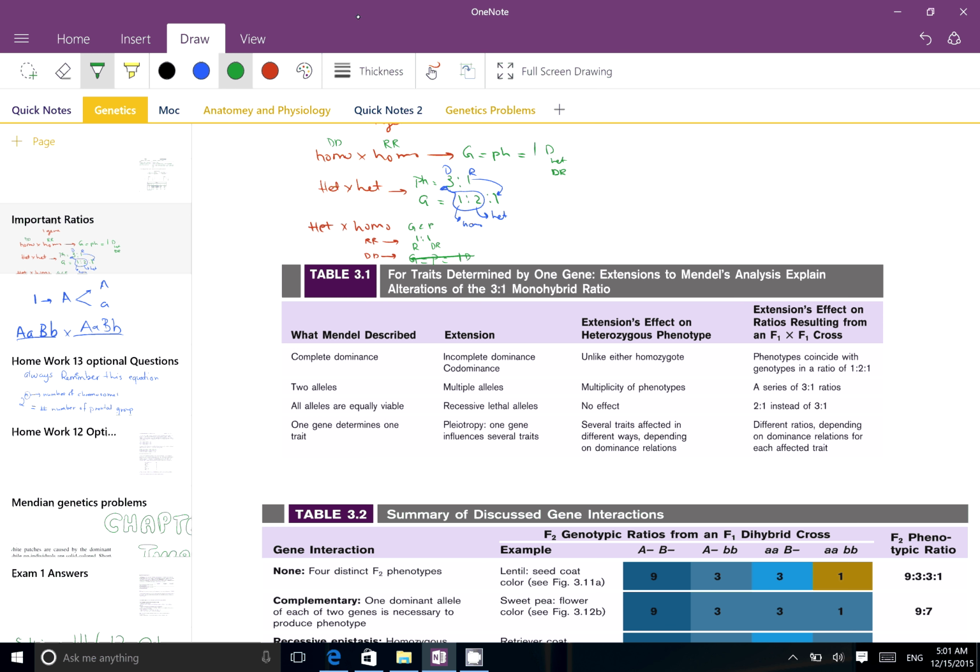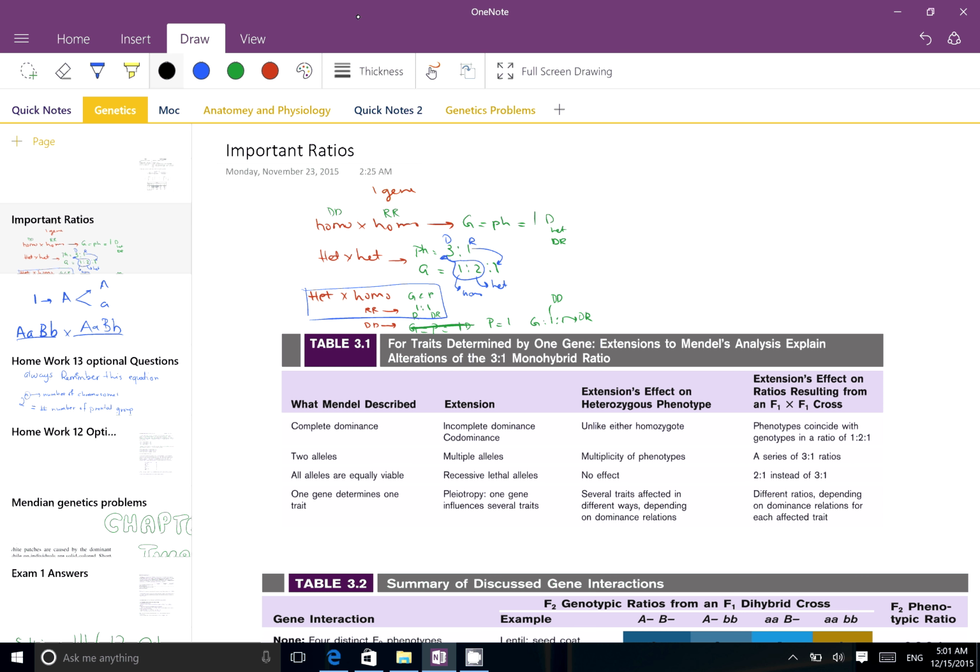Actually, your phenotypic ratio will be equal to 1. Your genotypic ratio will be 1 to 1, where half will be homozygote for the dominant trait, the other half will be heterozygote for the dominant trait. So they all carry the recessive trait within them. So I correct that. But a test cross is usually carried between a heterozygote and a homozygote recessive.